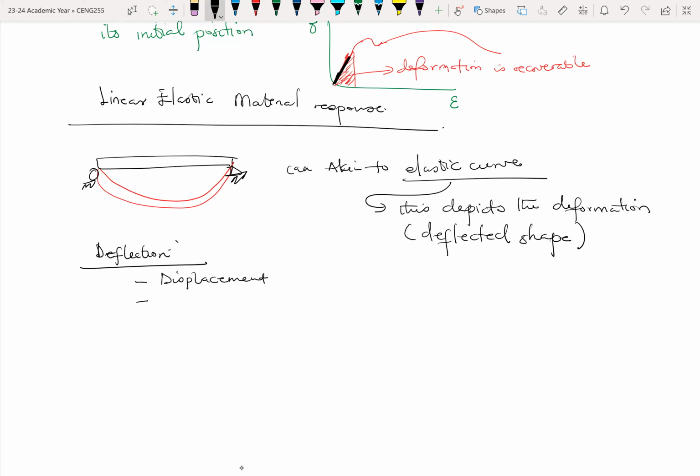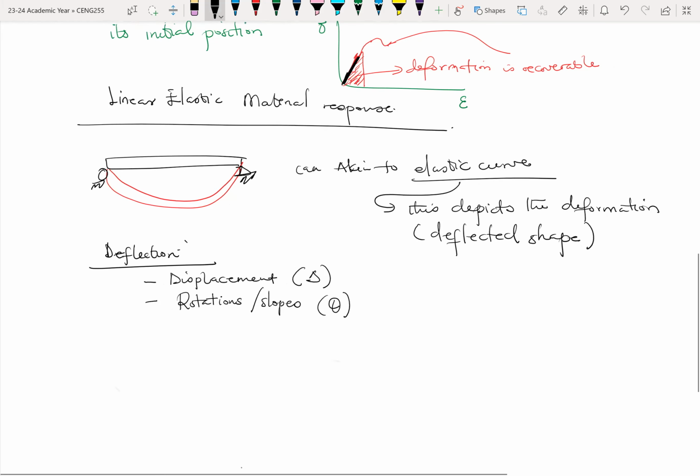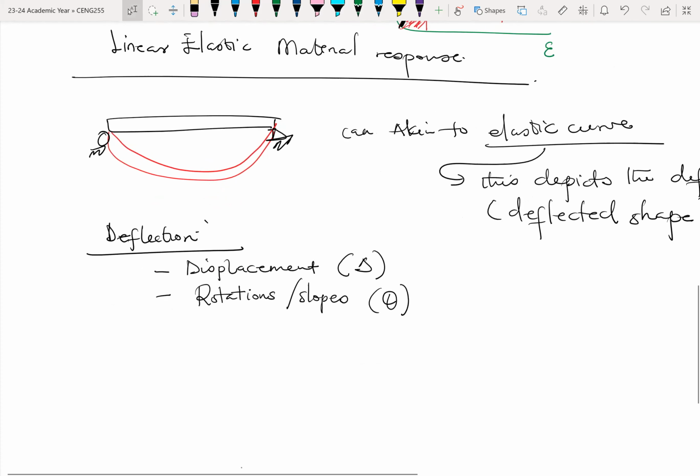Then we can also have rotations or slopes. So let's use delta to represent the deformation, and then use theta to represent the slope. Okay, I would explain what a slope is shortly.